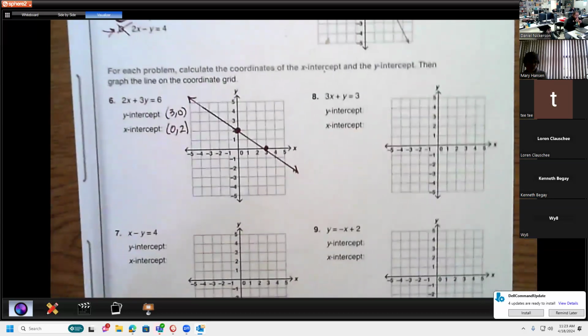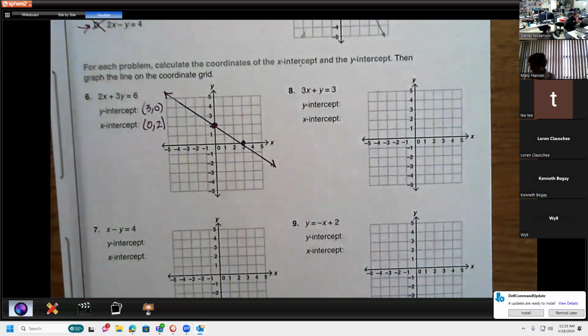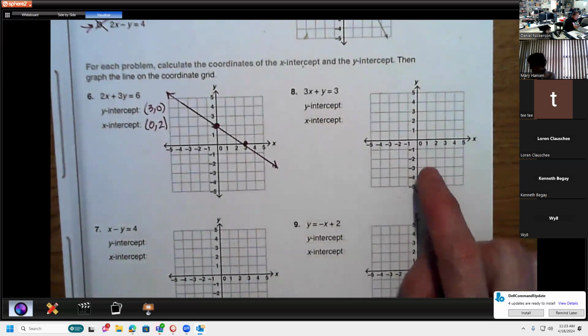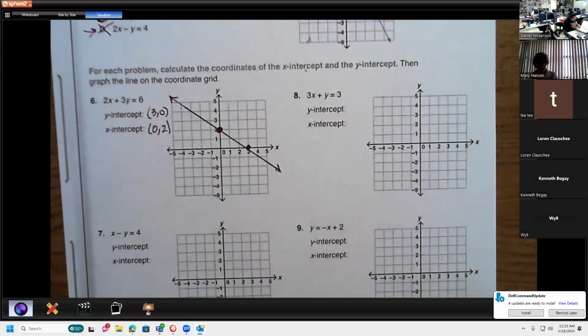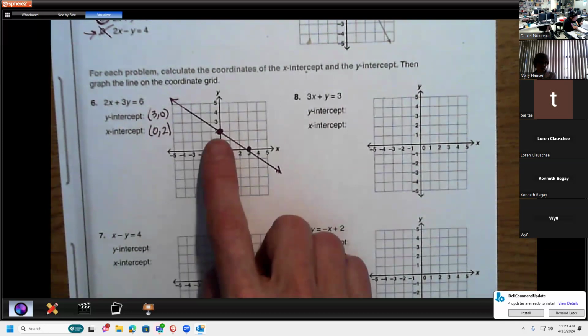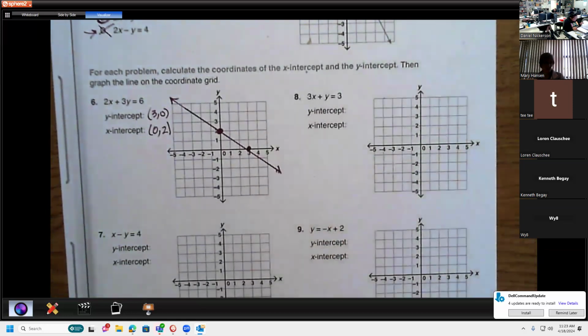All right, so see what you can do with number 8. Again, if you're at home and you don't have graph paper, go ahead and calculate, find these 2 points, and you can sketch a graph, just draw a graph and plot them. It's still good to have practice plotting, especially with these points that have 0 in them, to make sure you're not mixing up the directions of which point is on which intercept.